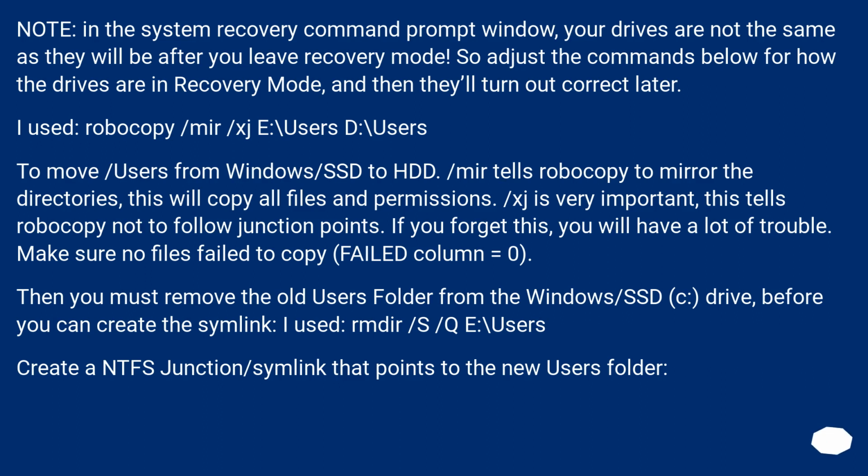Then you must remove the old users folder from the Windows/SSD, C, drive, before you can create the symlink. I used rmdir /s /q E:\users. Create an NTFS junction/symlink that points to the new users folder.